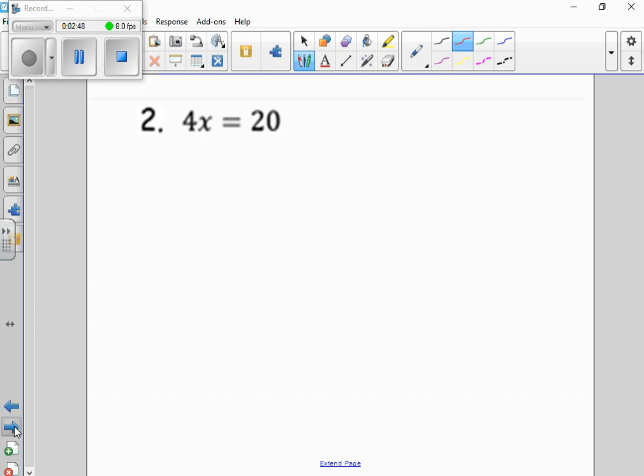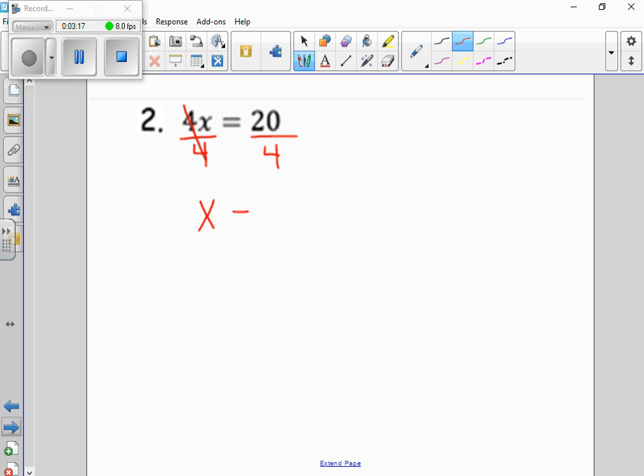Third example is actually going to be number 2. We have 4x equals 20. Now the 4 and the x are connected, they're stuck together, which means they're being multiplied together. The opposite of multiplication is division, so to undo the multiplication, I'm going to divide by 4. Whatever I do on one side, I'm going to do on the other. 4 divided by 4, loosely we say that they cancel, but in reality, it really just makes 1x. 4 divided by 4 is 1.